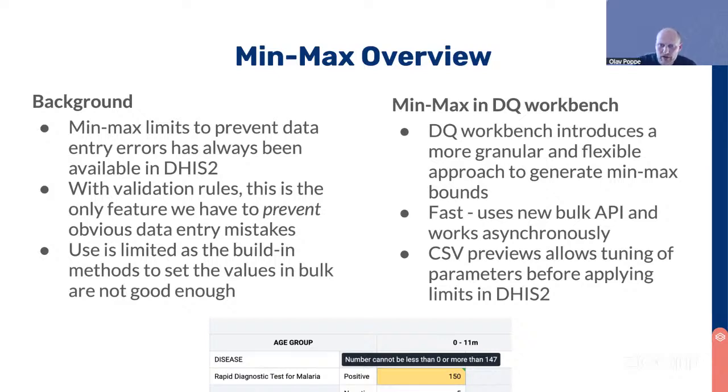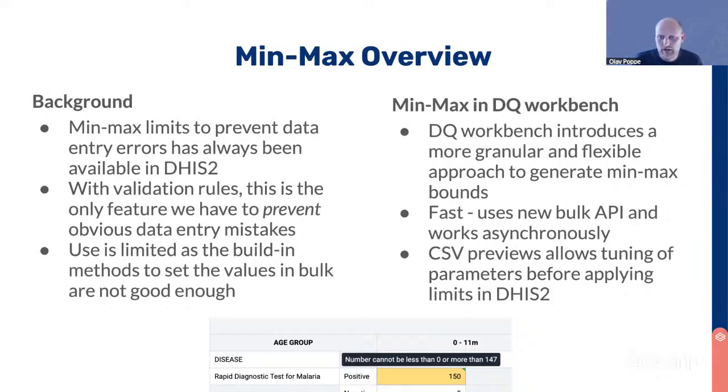I'll come back to what that means, but basically, within the data quality workbench you can configure more specifically how you want these min-max values to be generated, and you can do it quite fast in bulk using some new APIs, using different statistical methods. Within the workbench, you can also do previews to look at what a particular configuration of min-max thresholds would actually mean in practice.